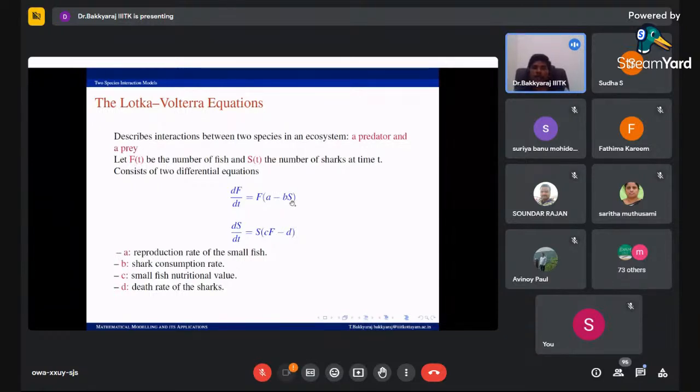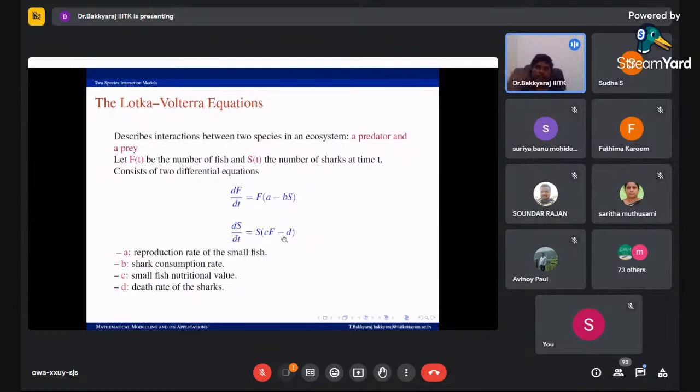Okay, so once the shark eats fish, then automatically the shark population will increase. So here also f and s will meet, and this will be added to the population of sharks.